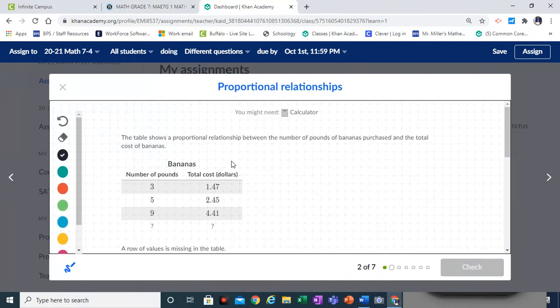All right, for this one, the bananas, we did a problem similar to this already. So it tells us that it's already proportional, the bananas and the cost. So I would want to figure out the cost per banana. So cost per banana.